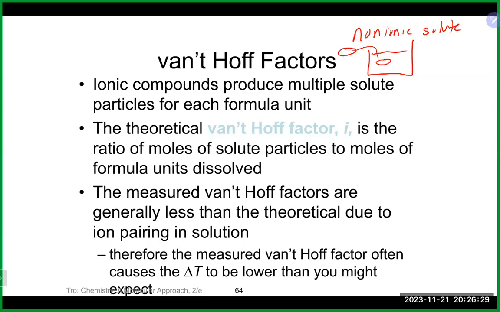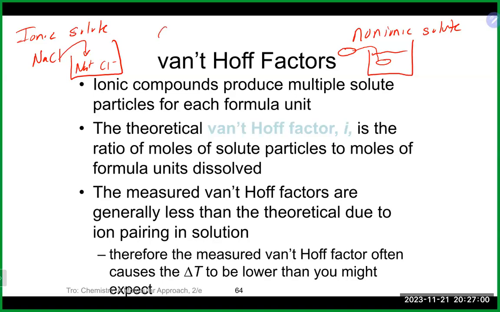And that's important because colligative properties are based on the number of particles in that solution. So more particles, more interaction. When we take an ionic solute, like sodium chloride, and put it into a solution, it goes for a swim, and we get a sodium ion and a chloride ion. We actually get two particles for every one that we toss in there.